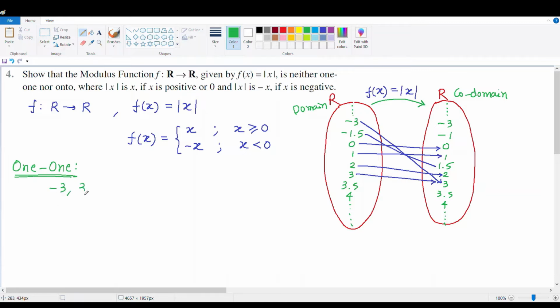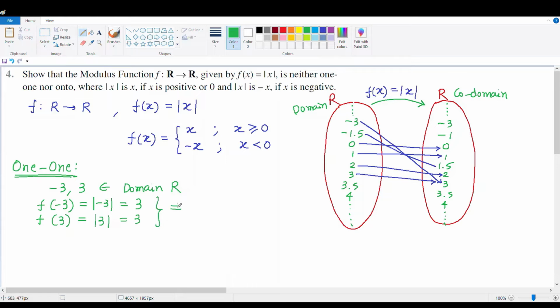Negative 3 and 3 both belong to domain R, and f of negative 3 is going to be mod of negative 3, and that's going to be positive 3, and f of 3 is going to be mod of 3, and that is also going to be 3.